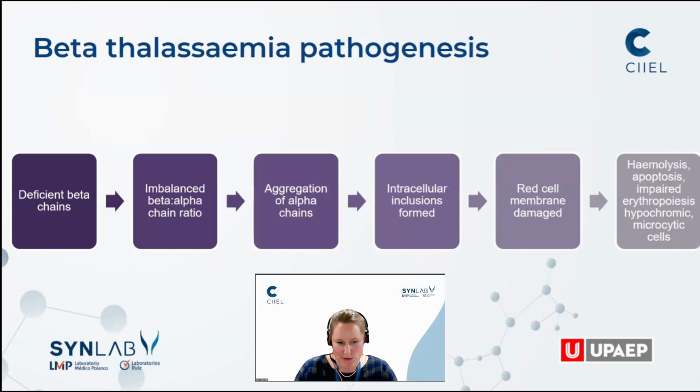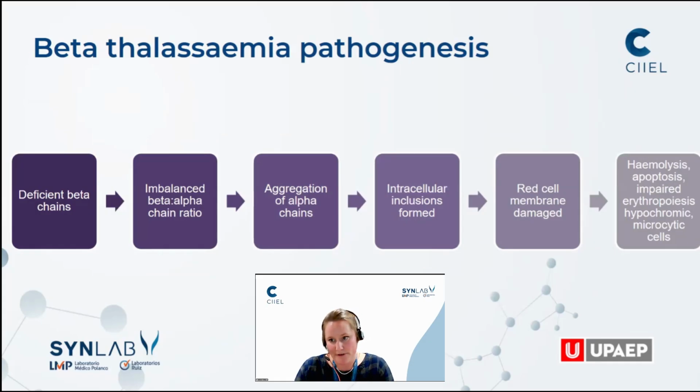I've got 2 pictures here, but they're very similar in terms of describing the pathophysiology of the 2 disorders. With beta thalassemia, you get the deficient beta chains, you get this unbalanced alpha beta ratio.